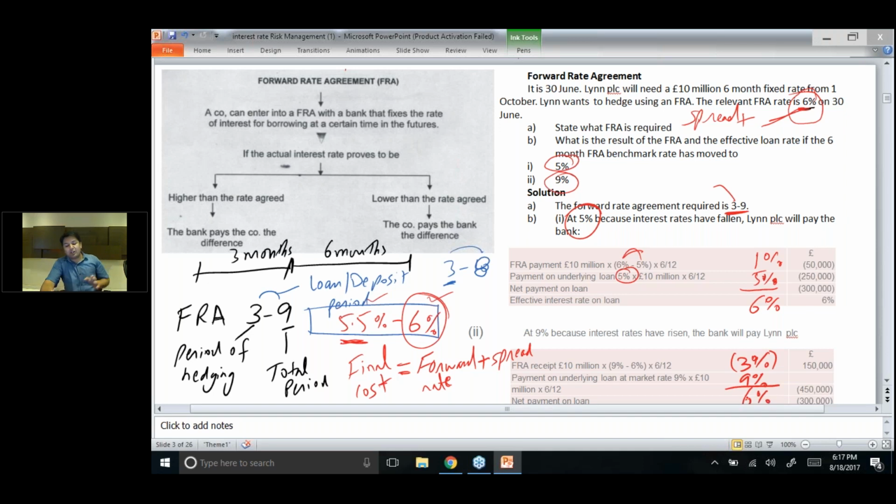Obviously, if spread were available, we must add that spread to the 6% of the final cost. You do not have to do this numerical part. You can even discuss the answer in 2 to 3 simple statements, like you have locked FRA at 6%. Your company will have to face a 6% FRA cost plus the spread, and whether interest rate rises or falls, your final cost will be this.